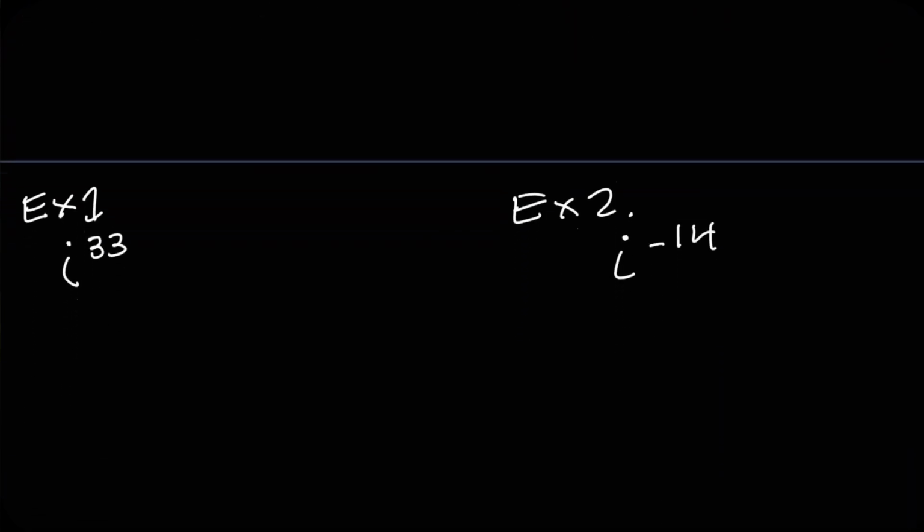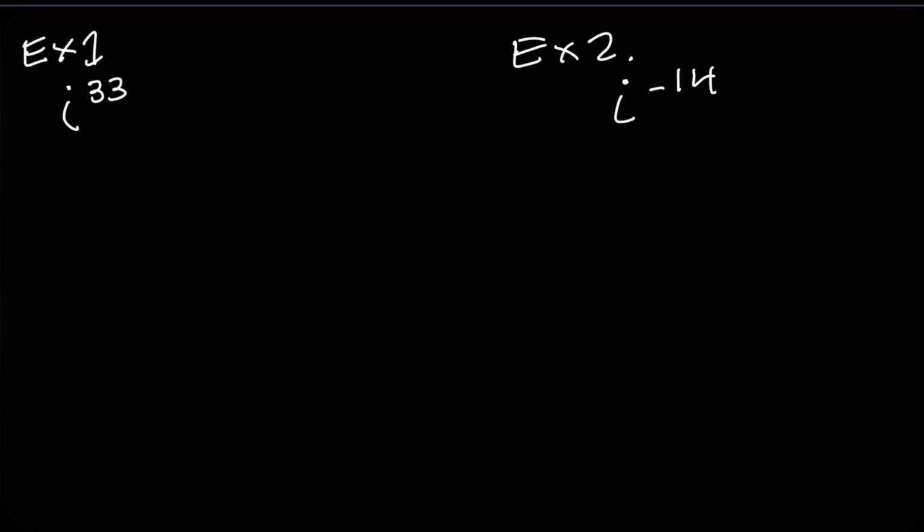All right. So using some real numbers here, our first example, let's try to simplify i to the 33rd. Let's see what we can break this down with. For our case, let's just say i to the 8th times i to the 8th times i to the 8th times i to the 8th times i.